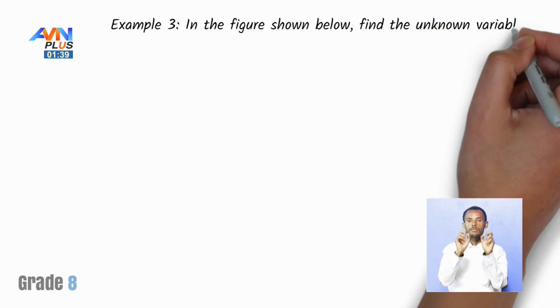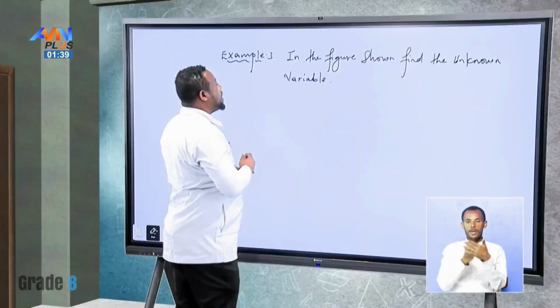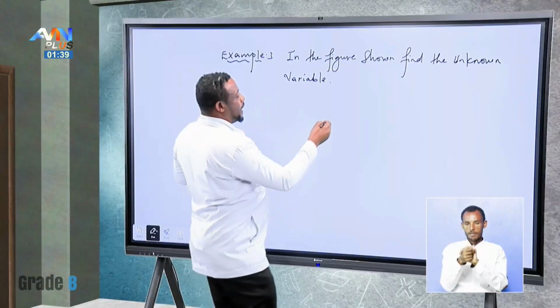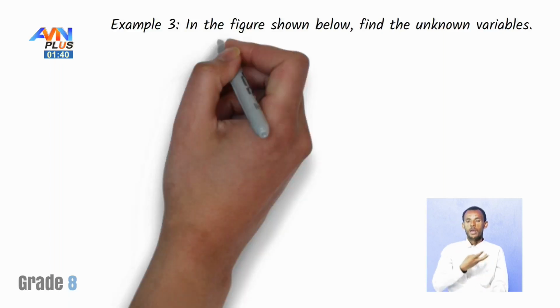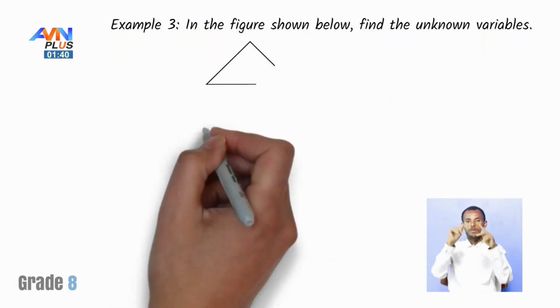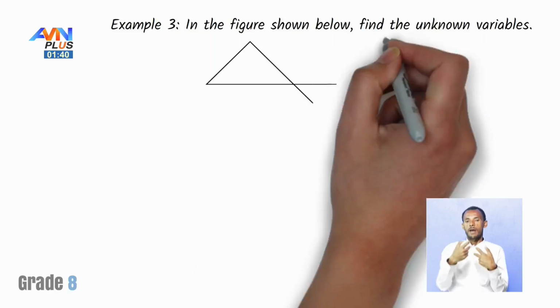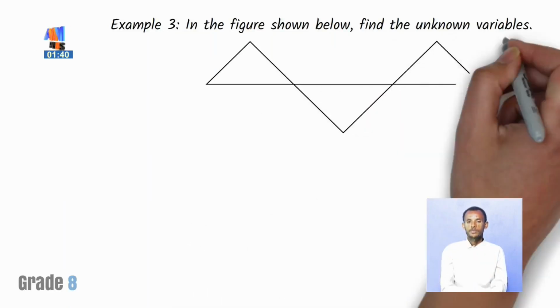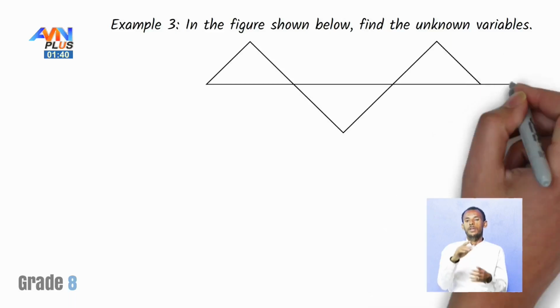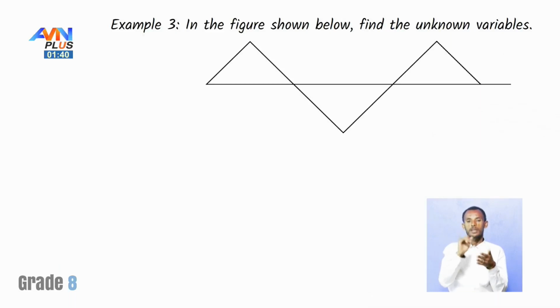Our figure in the third example is like, suppose we have a combination of triangles having this form. Somewhere here there is an exterior angle.